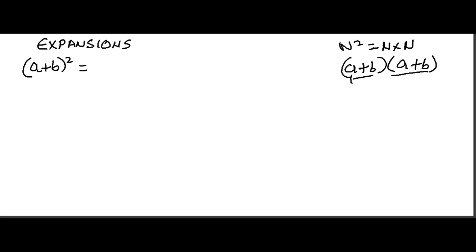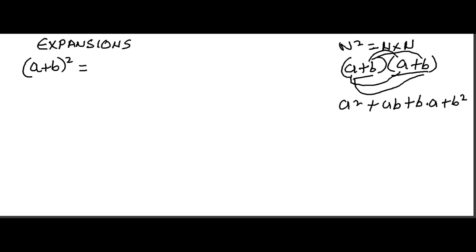The first factor has to be multiplied with both terms of the second. So ultimately what we get here is a square, a into a is a square, plus ab plus b into a, and we get b square.